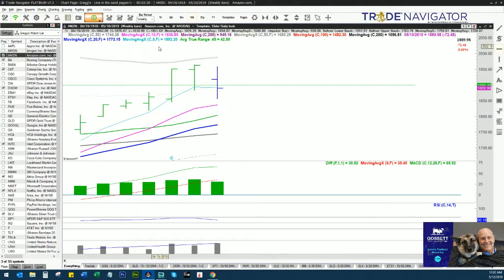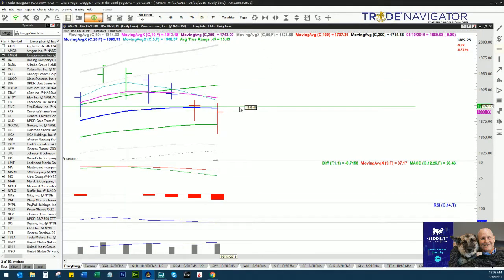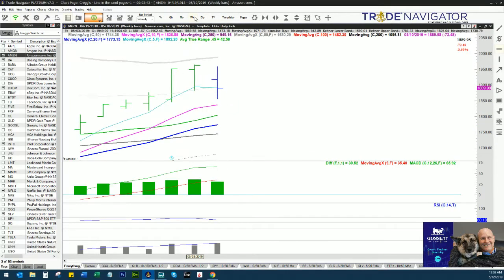So here's Amazon. If the daily had a decent setup, here's the daily. There's nothing really there, but let's just say there was. And then I turn to the weekly. Is there anything positive about this?